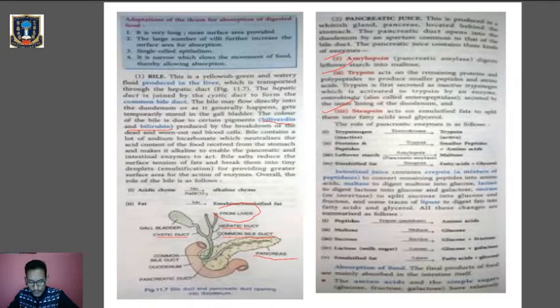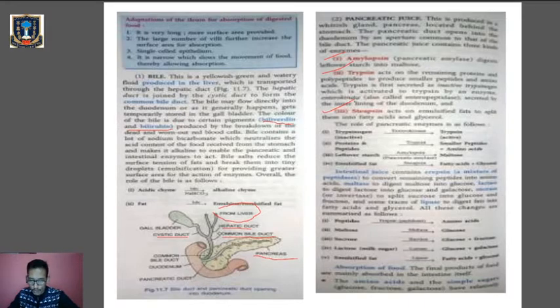Okay, then trypsin will act on the remaining proteins and polypeptides to produce smaller peptides and amino acids. And like pepsin also, trypsin is first synthesized as inactive trypsinogen and is converted to active trypsin by the enzyme called enterokinase.